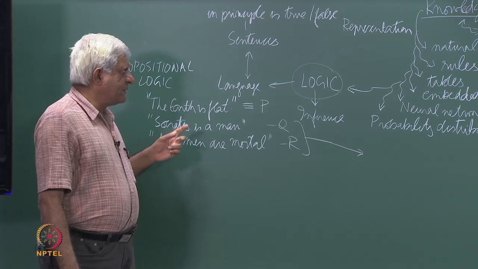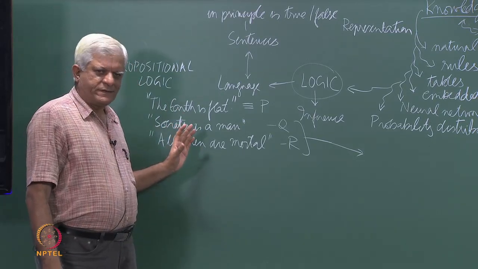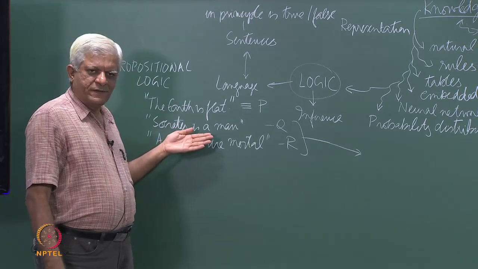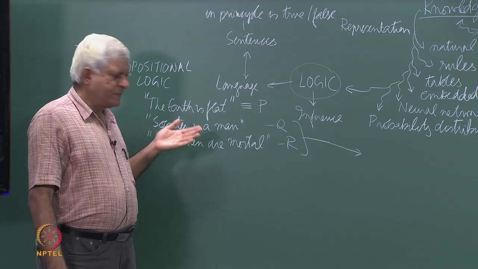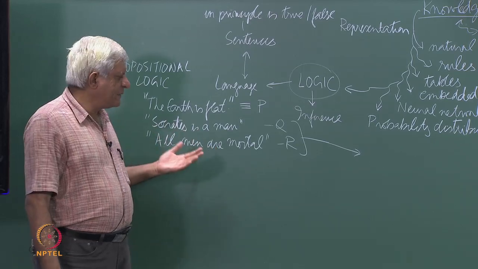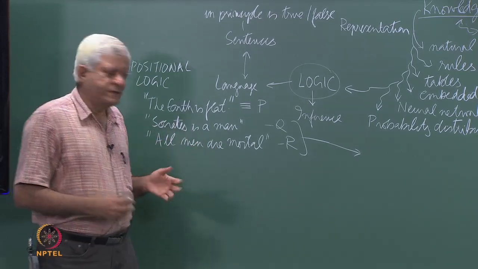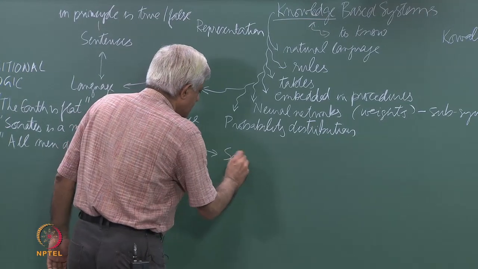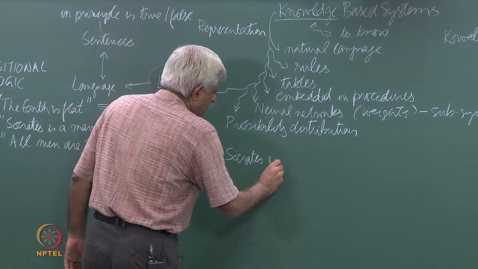And the reasoning part says that if this is true, and if you know this, or in other words this is true, we will use the term interchangeably, then you can infer that Socrates is mortal.